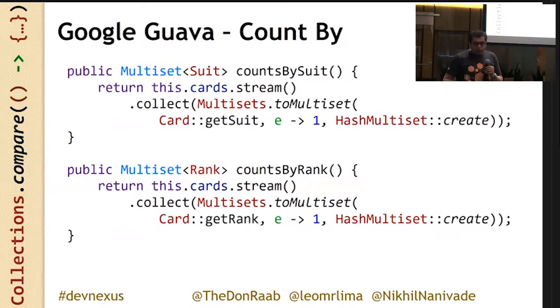Google Guava has their own collectors, which are here. Now here's an interesting thing about Google Guava. What this is saying is, each time you see the suit, increment it by 1. That's this function, e lambda 1. And this is their factory method.